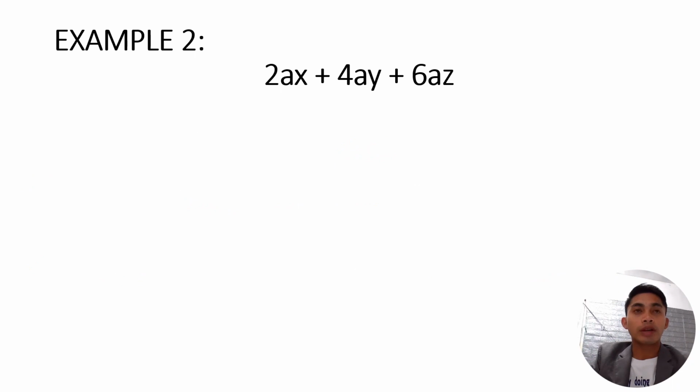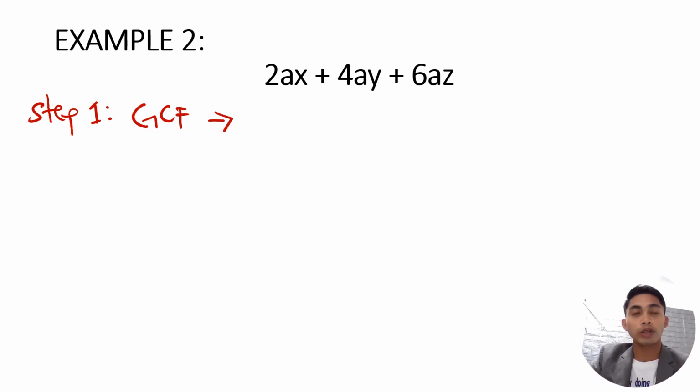Okay, so let's have example number 2. We need to apply the 2 steps in factoring a polynomial with a common monomial factor. So we have step 1. We need to find the GCF from the given example number 2.